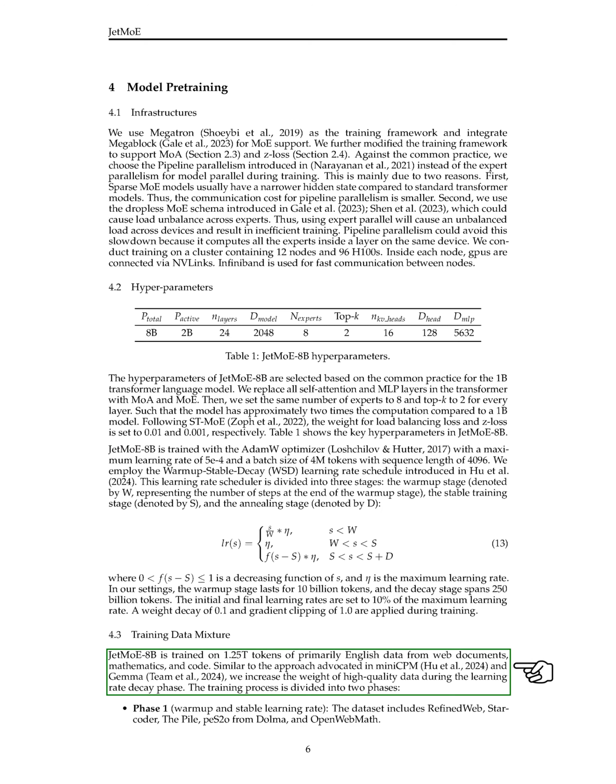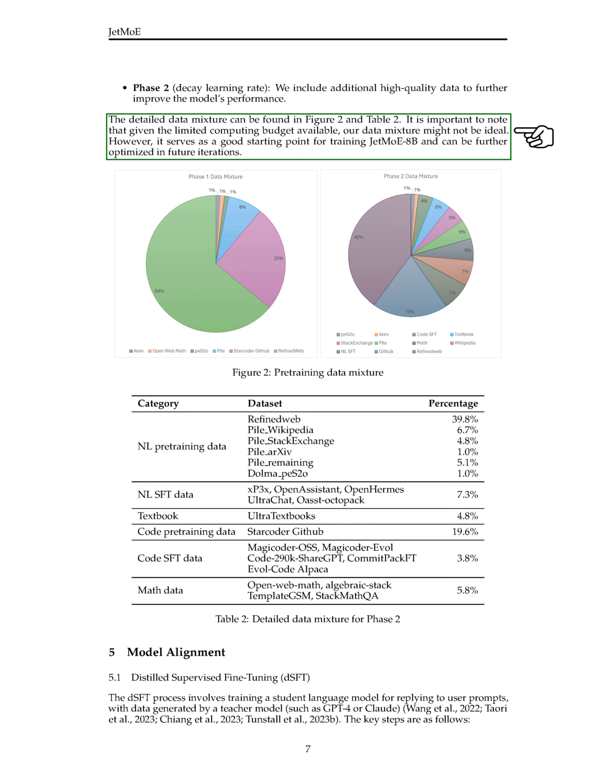We train JetMoE-8B on a diverse dataset mixture, primarily consisting of English data from web documents, mathematics, and code. Our training process is divided into two phases, with an emphasis on high-quality data during the learning rate decay phase. While our data mixture may not be optimal due to resource constraints, it serves as a solid foundation for training JetMoE-8B and can be refined in future iterations.